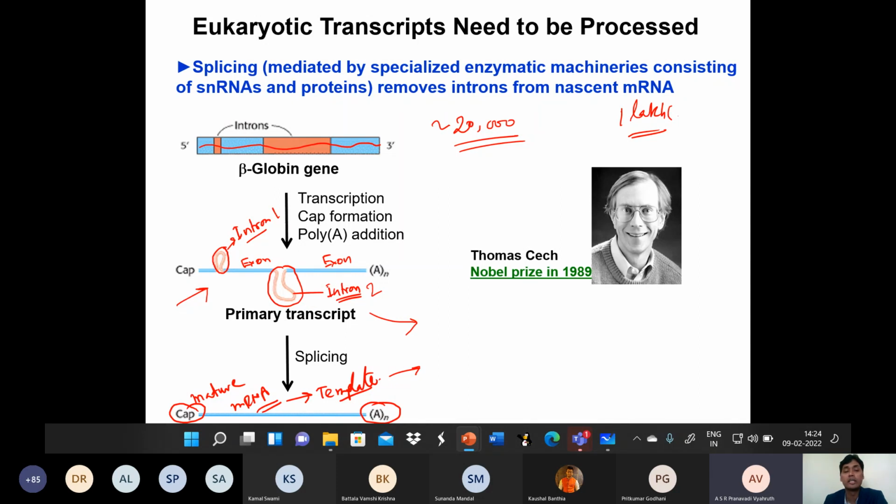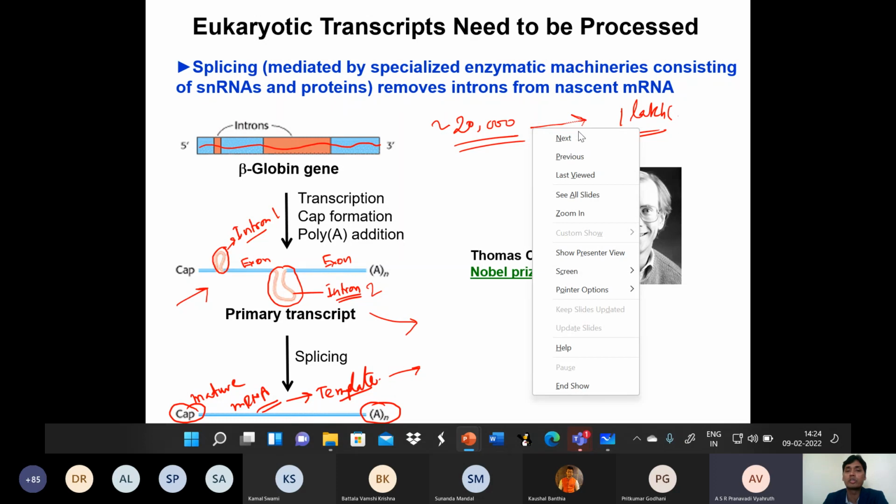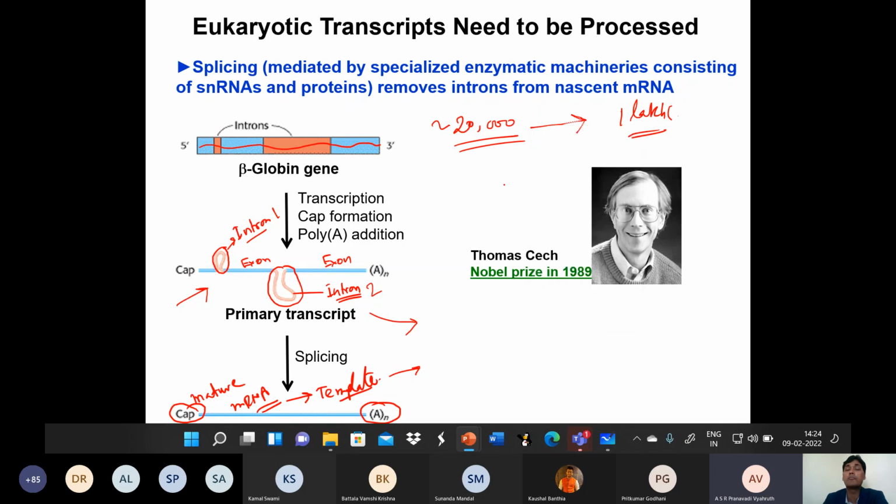On the basis of that, you can get multiple proteins from one gene. That's why, although we have just 20,000 protein coding genes, we have more than 1 lakh different types of protein. That discovery also highlights this insight.